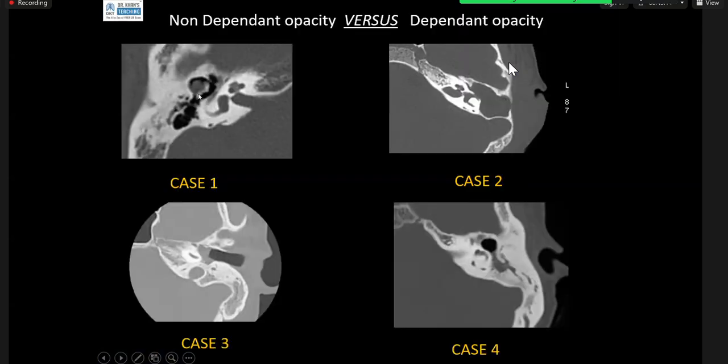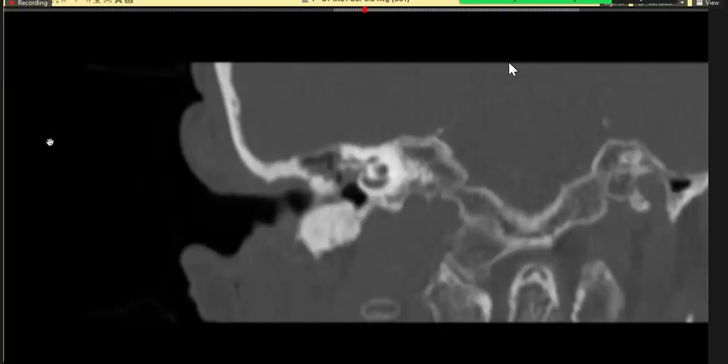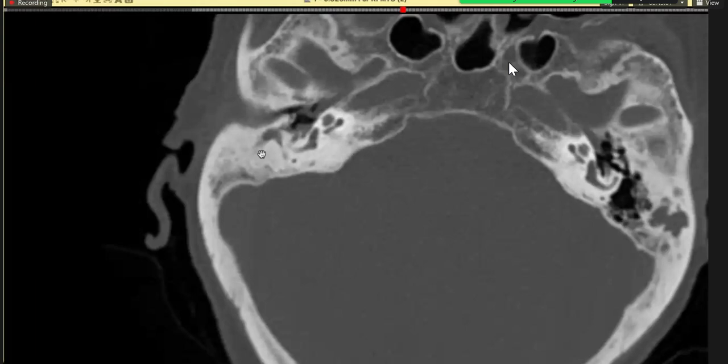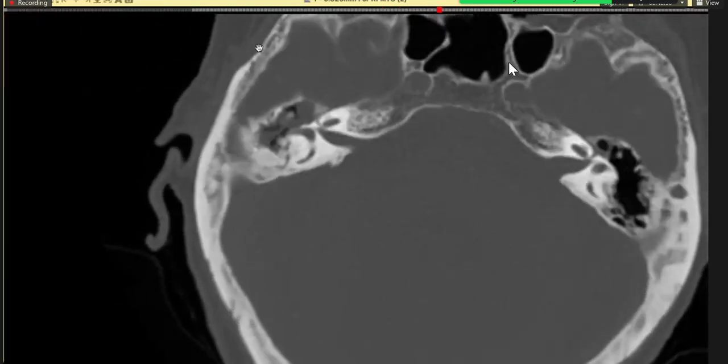So let me go through this case. And this is a good one because there can be many, many things in the exam. I can go on and on about this case.